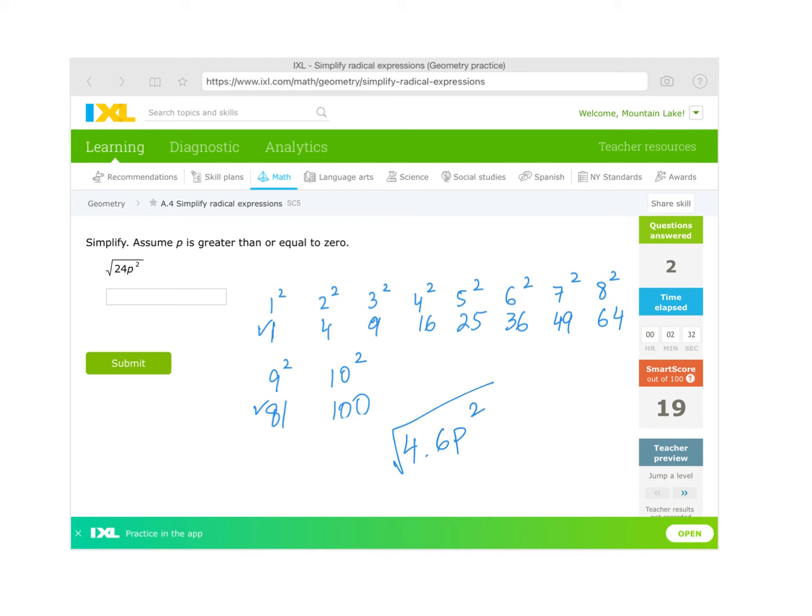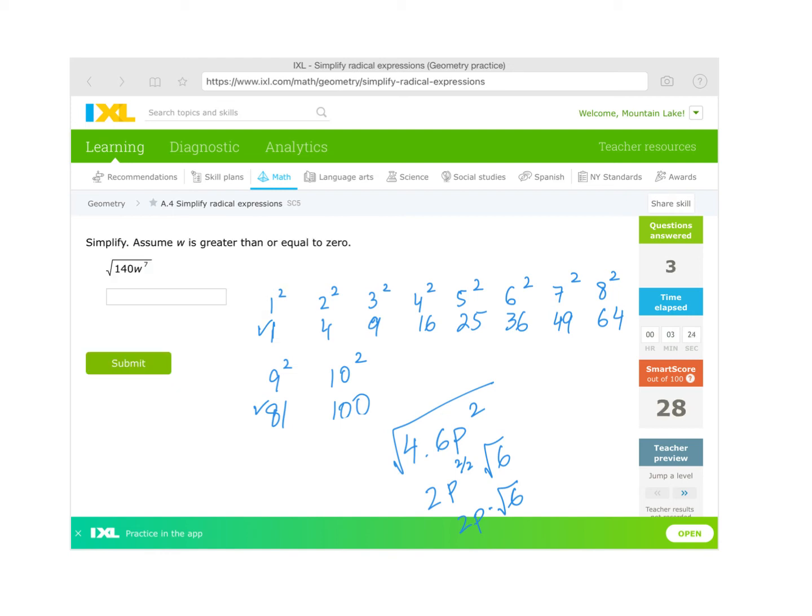The square root of 4 is 2. The square root of p squared is just dividing the exponent by 2. So you'll get 2p, and the square root of 6 remains as it is. So let's put that in. 2p times square root 6. And that works. So good luck.